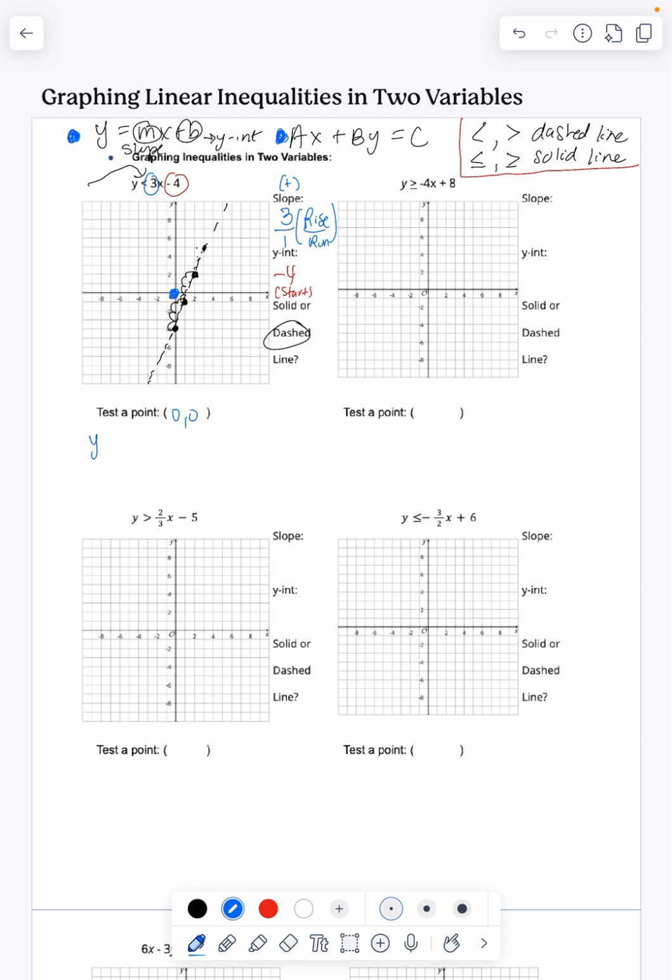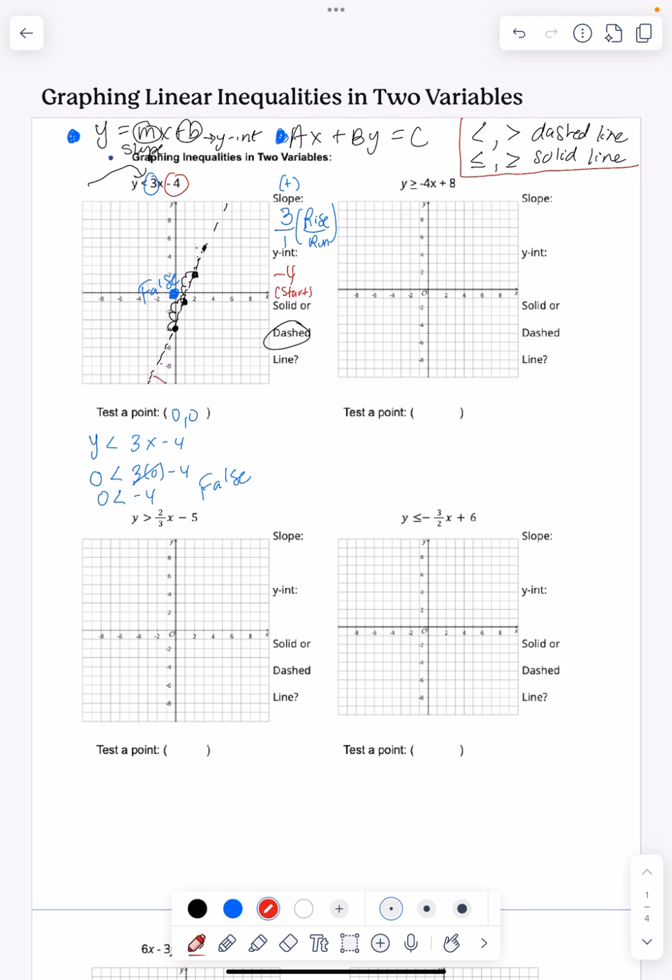So I get y was less than 3x minus 4. So we'll substitute that. So 3 times 0 minus 4. That's just 0. So 0 is less than -4. Is 0 less than -4? The answer is no, it's not. So it's false, right? So that means that all the points where 0, 0 is are false, and that means that we have to shade the opposite side.